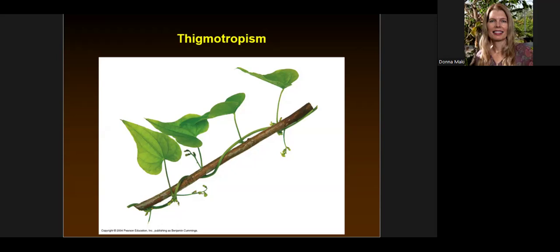So what happens is the part of the tissue that's making physical contact slows down its growth. The part that's not making contact speeds up its growth. And that's what causes the coiling.